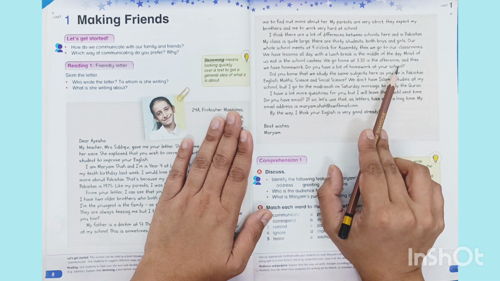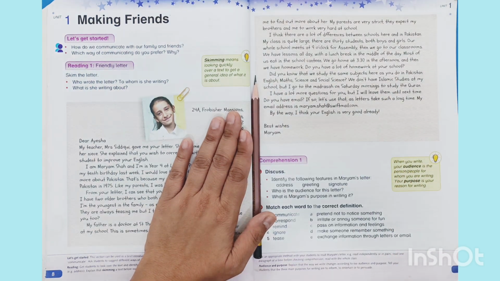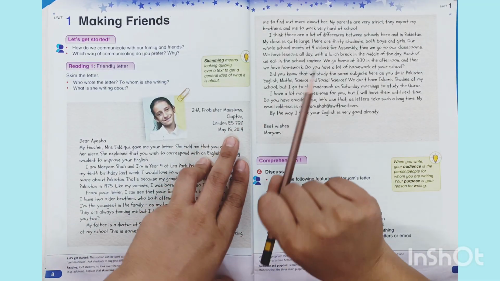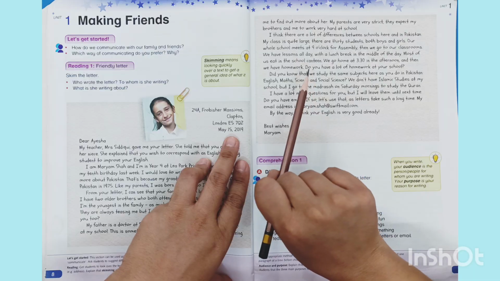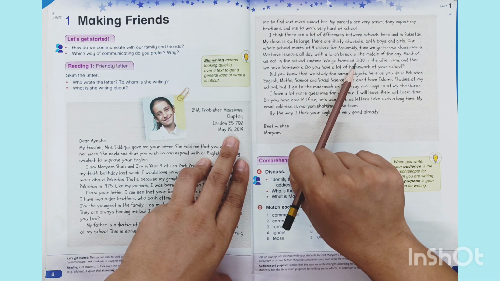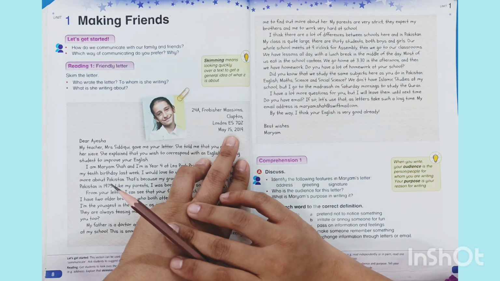She is asking her that do you get that much homework from school, so you have to do the homework at home. Okay. And she says that they get back home at 3:30.